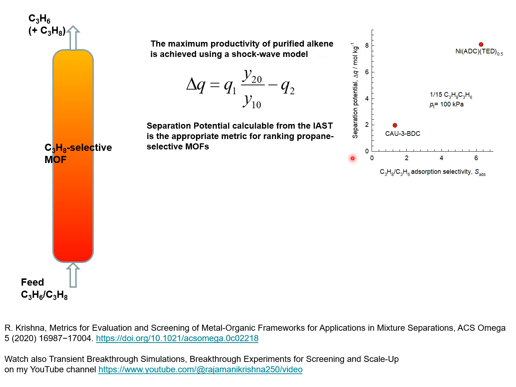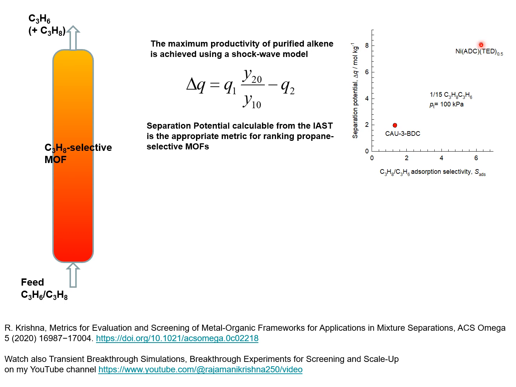If we do the calculations for a 1:15 mixture of propane and propene, the values of the separation potential and propane selectivities are shown here for CaO3 BDC and nickel ADC TED 0.5.